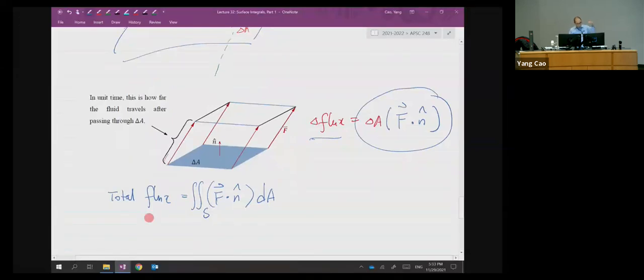Through this simple analogy here, okay, this is the surface S. So we have a double integral showing up here. It's integration or summation of small flux over the delta A patch, which gives you a total flux over the whole surface S, and that is what we call the flux.